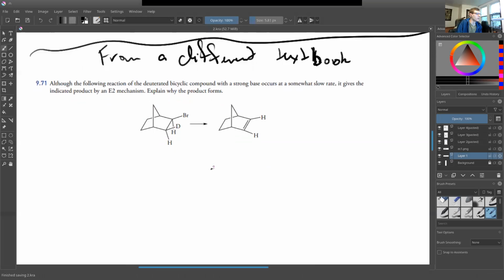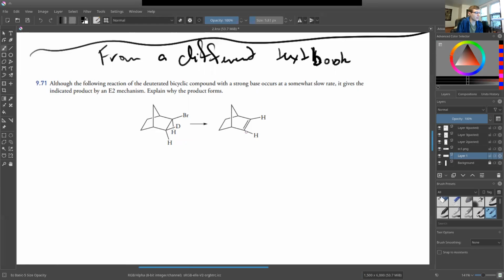So, what is the question? Well, it says that we have the following mechanism. It's really similar to the question before, right? Now we're just focusing on this bromine, which is fine, because we didn't really care about the other one that much anyway. And now we have a deuterium here, so it's labeled, so we can actually tell what's happening.